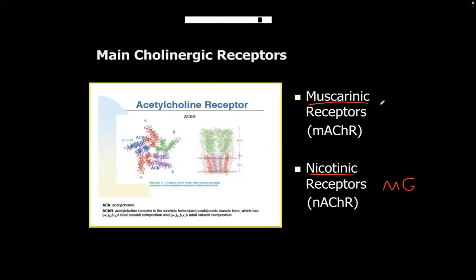While in organophosphate poisoning, it is the muscarinic. So please remember that. In organophosphate poisoning, the problem is the muscarinic receptors. In myasthenia gravis, the problem is the nicotinic receptors.